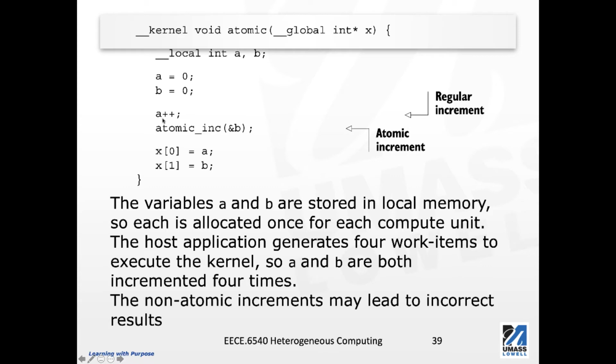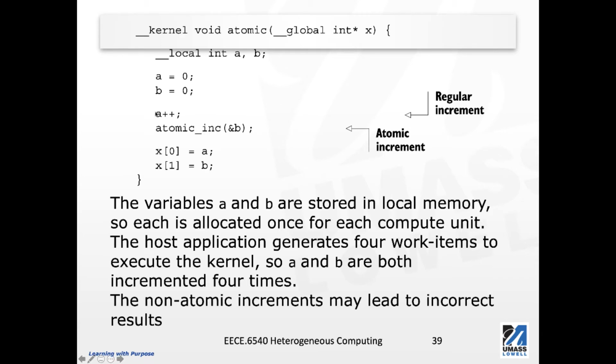The first statement is a++, so that is to increment a by 1. Well, this is a non-atomic instruction, and so it's a regular increment, as we saw earlier, and this statement will be executed possibly by multiple work items, and the result in A might be different from time to time.